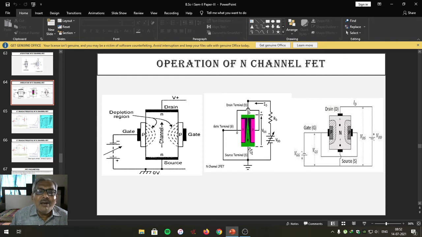Now we are going to combine both, that is VGG and VDD, we are going to connect simultaneously. This is represented in this particular figure. So this is again an N channel FET to which VGG is connected to reverse bias gate to source to develop the VGS. Battery VDD is connected to forward bias drain and source to develop the voltage VDS between drain and source.